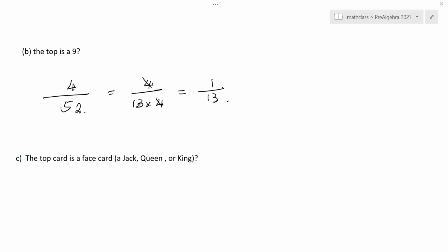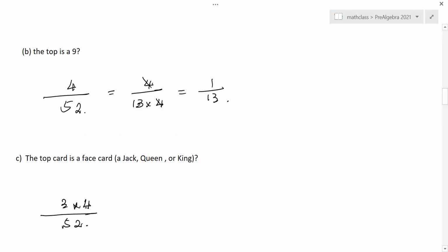The denominator is still 52, the number of all possible outcomes. The number of face cards: jack, queen, king, that's 3, but you have 4 suits. So 3 times 4.